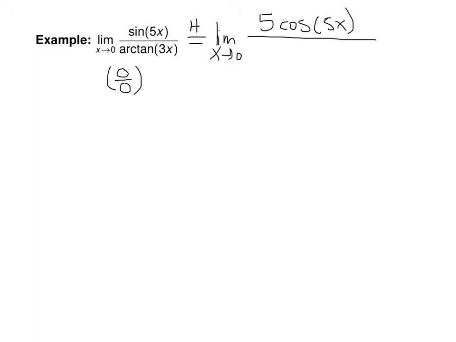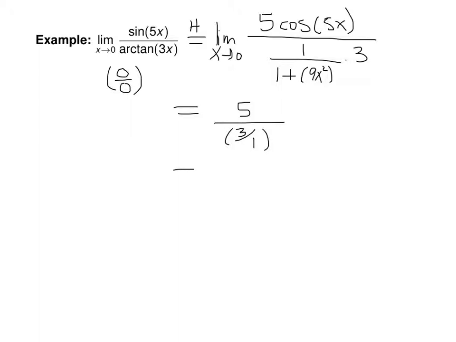The derivative of arctan 3x will be 1 over (1 plus 9x squared), times 3. And we no longer have 0 over 0, so now we just input 0. Cosine of 0 is 1, so my numerator is 5. My denominator is 3 over 1, so this limit is 5/3.